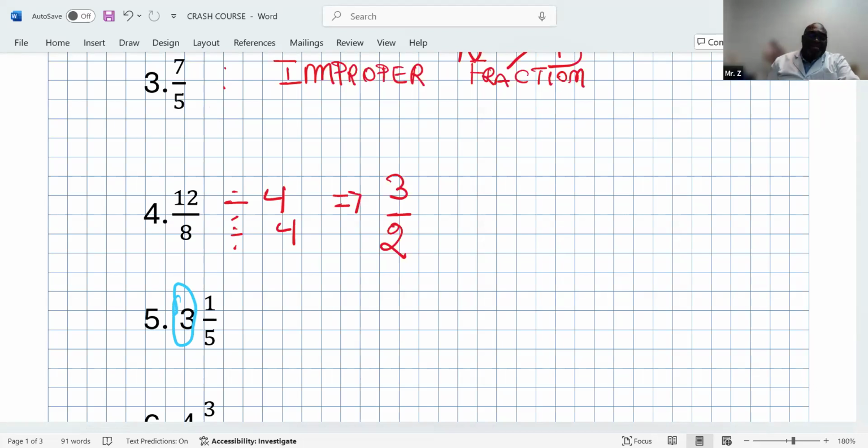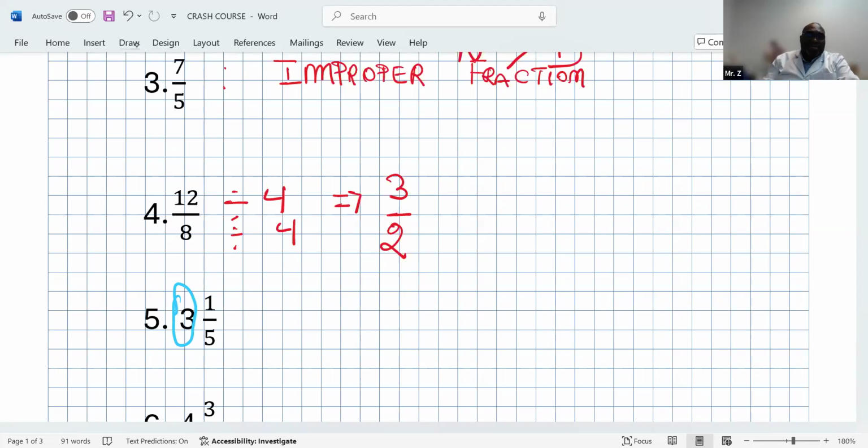But what makes a mixed number? You have one part that is a whole number combined with a fraction. But what kind of fraction? A proper fraction. So a mixed number is a whole number plus a proper fraction. Which one is a proper fraction? It is a fraction where the numerator is less than the denominator.